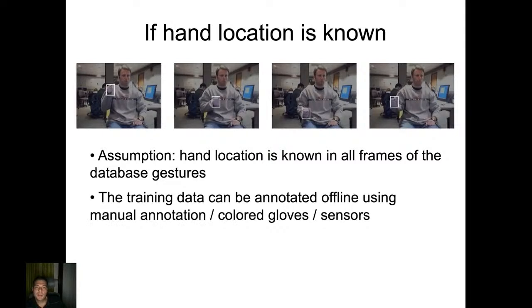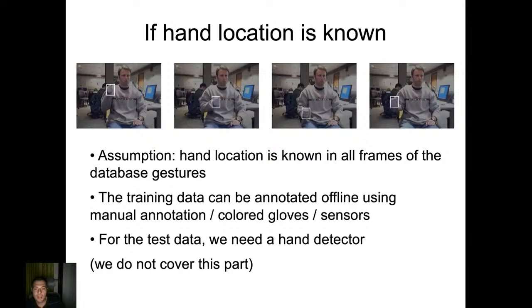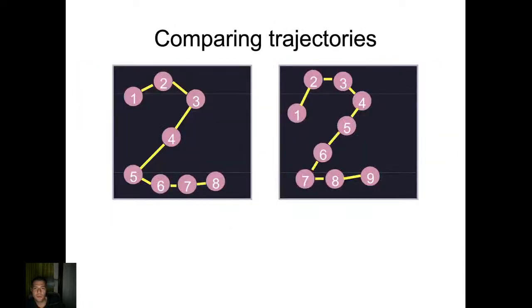And then at inference time, we can just apply a hand detector. We do not cover this part. We're just performing the recognition and not the detection part in this application. So we assume that the hand location is known.